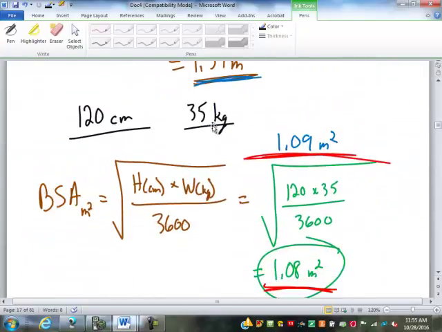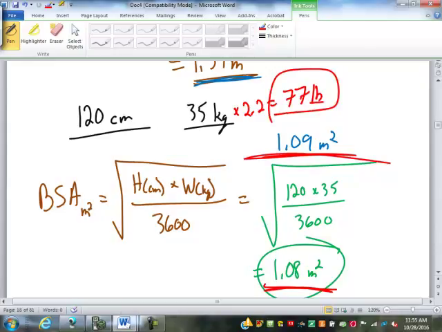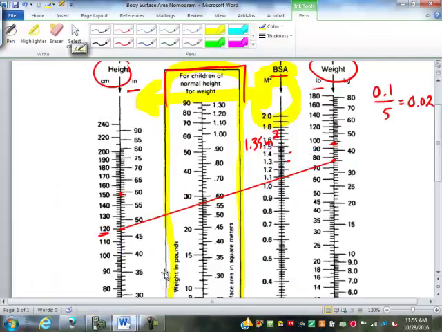Now this one, of course, is in kilograms, 35 kilograms. We would do times 2.2, which would be 77 pounds. So let's look up 77 pounds and see if they come out close. So 77 pounds would be somewhere in here. That's between 1.15 and 1.2, so 1.17, 1.18, somewhere in there.